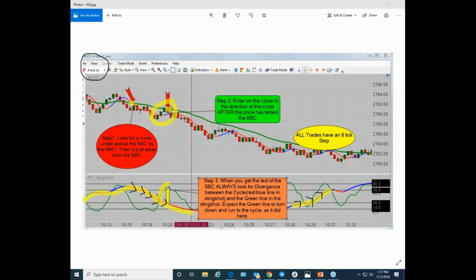This down close at the BBC is that extra variable, that extra link that says, hey, it's tipping its hand here, okay? So this is just an air pocket in this ongoing downtrend, okay?